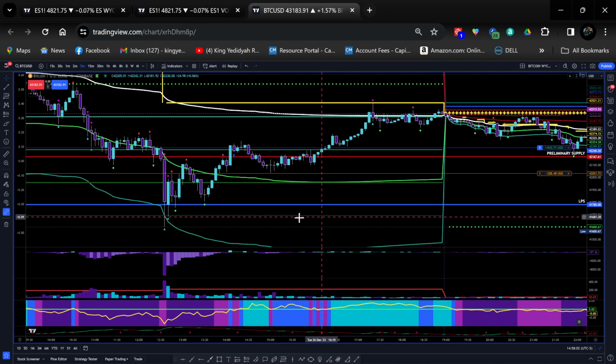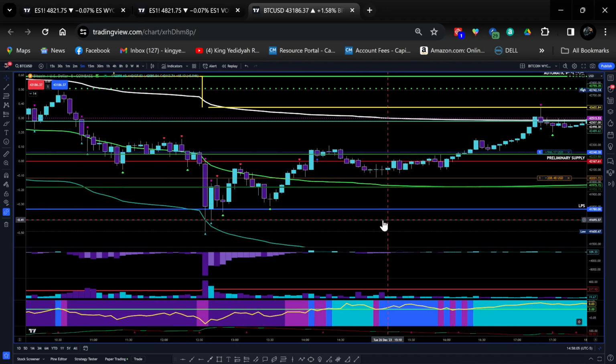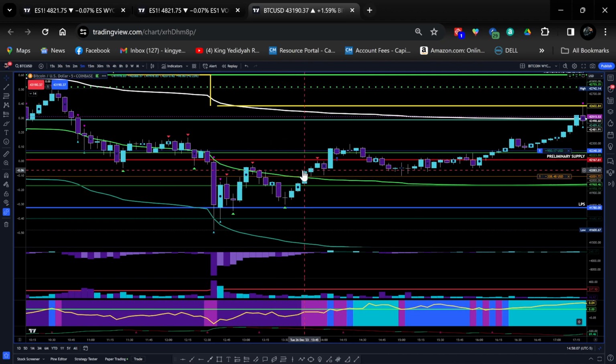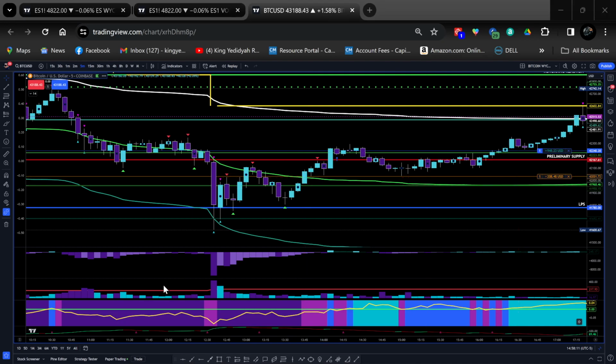If it starts to give you this reversal pattern like it does here, and it regains the first deviation band, you usually get up to like VWAP.